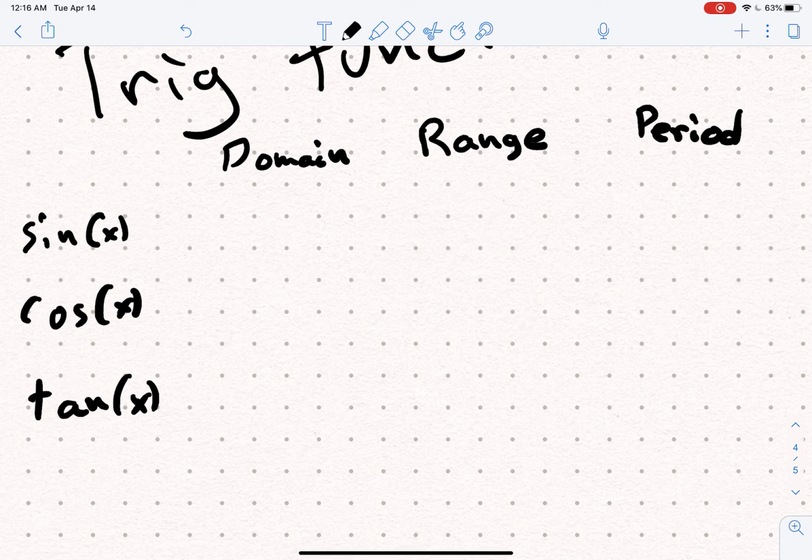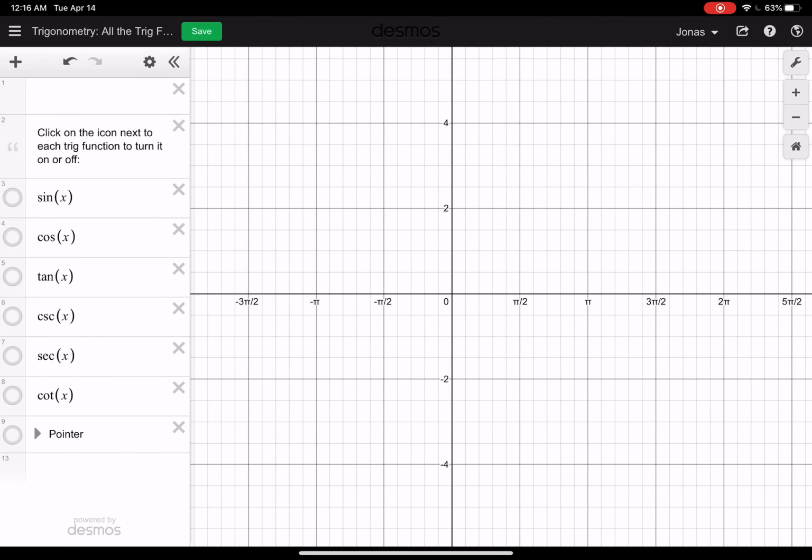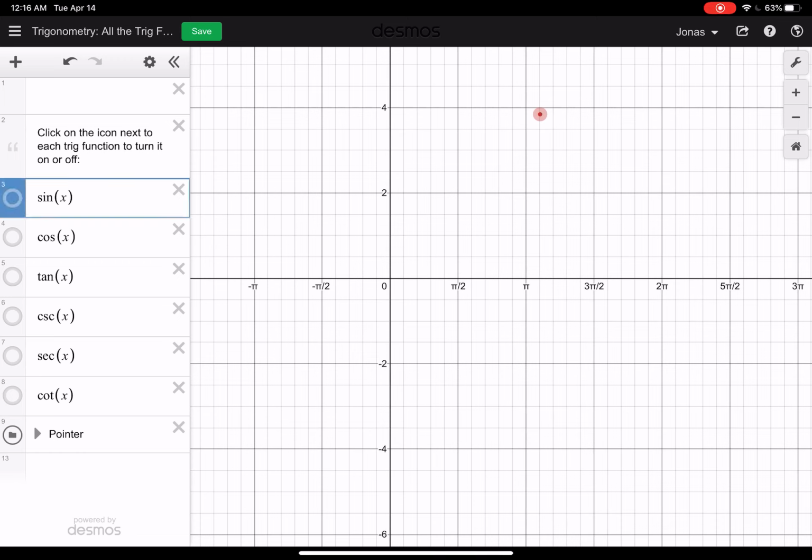Okay, in order to look at these, let's go ahead and pop over to Desmos. So here I've set Desmos up. Let me turn my pointer on. There we go, so I can look at things there. And if we turn on the sine function, if you remember moving around the unit circle, the sine is like the y coordinate on the unit circle, which means that when the angle is 0, the y coordinate is 0.